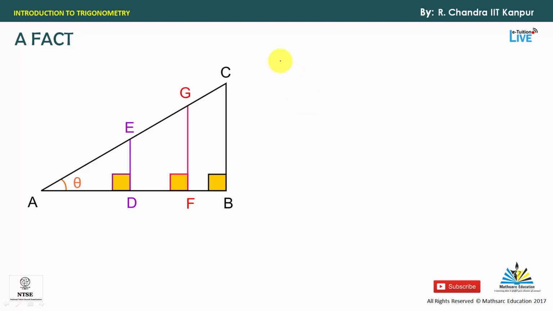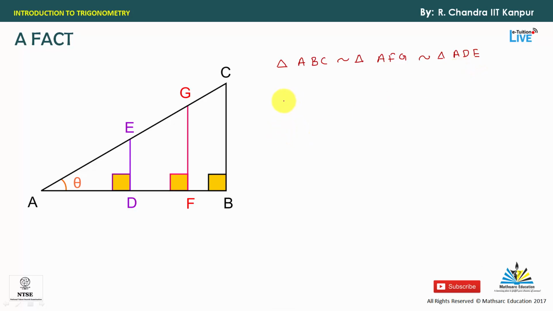Hence, we can write triangle ABC is similar to triangle AFG is similar to triangle ADE. So these three are similar triangles.